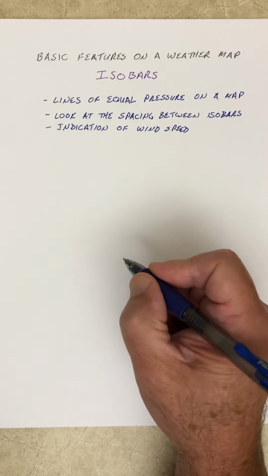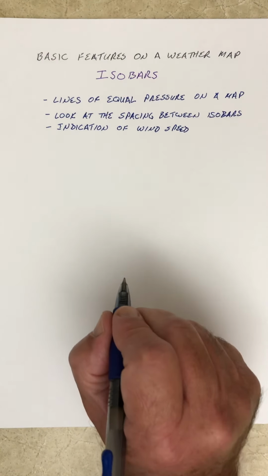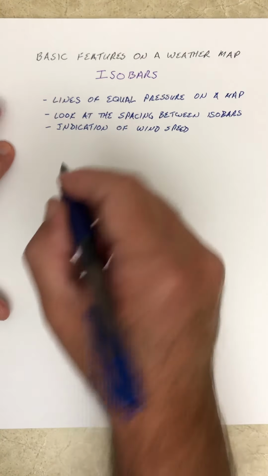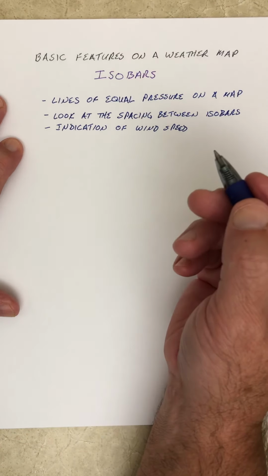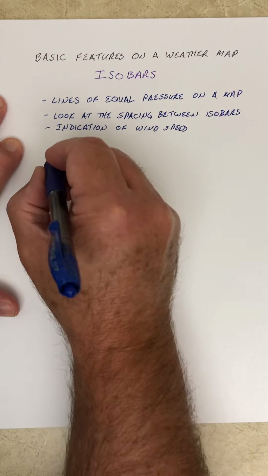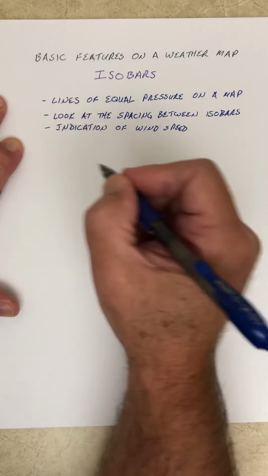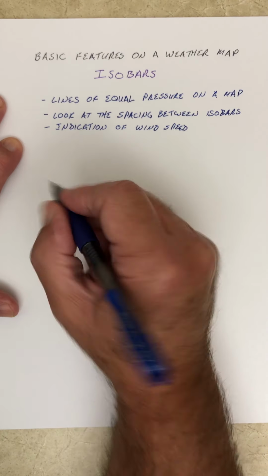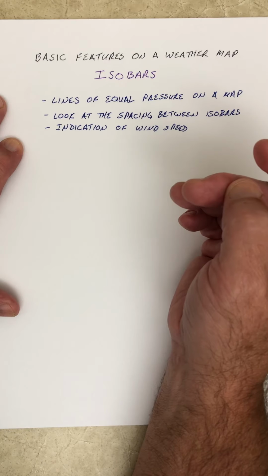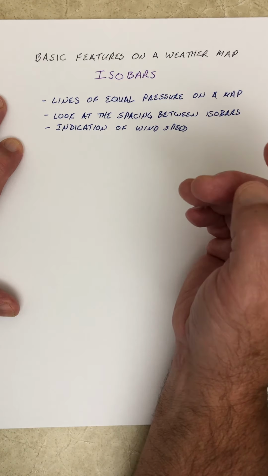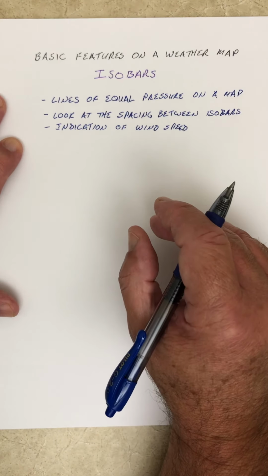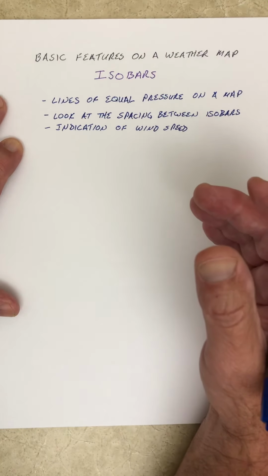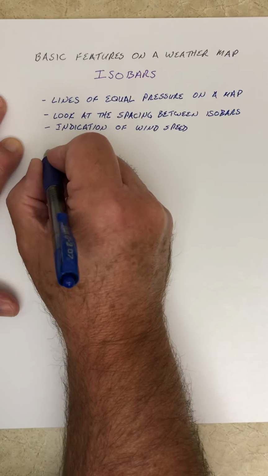All right, so there is a term that we're going to use: a pressure gradient. A gradient is a change in some property over a distance. In this particular case, a pressure gradient refers to a change in the pressure over a given distance.